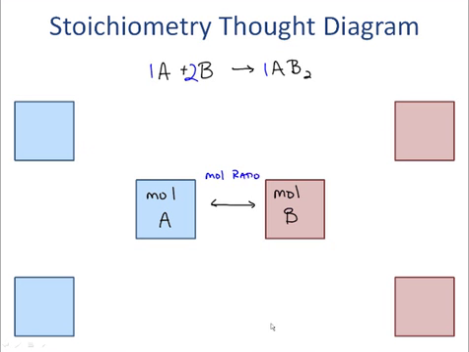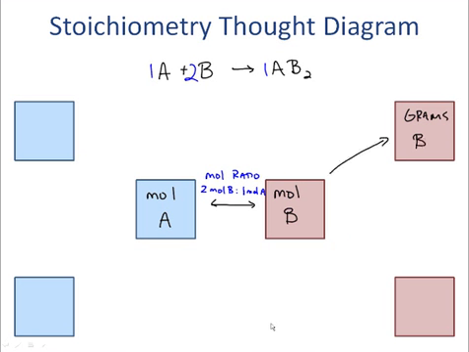An example of that mole ratio in my problem would be 2 moles of B to 1 mole of A from the equation that I have there. Alright, so I can use that to go back and forth between moles. Now this doesn't mean that I can't still do the same steps that I've done before. For example, once I've calculated how many moles of B I need, I can still calculate how many grams of B I need.